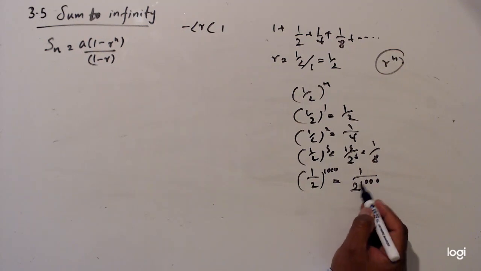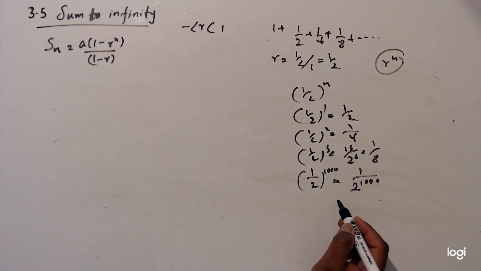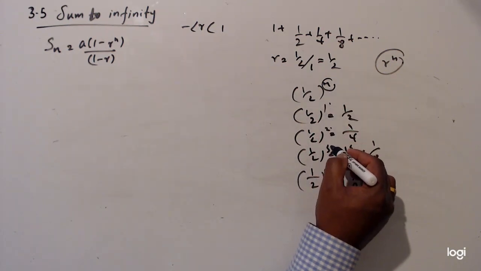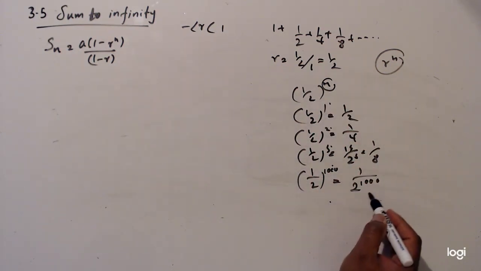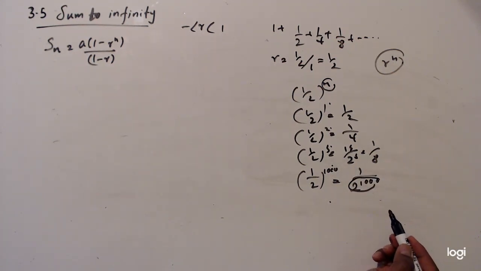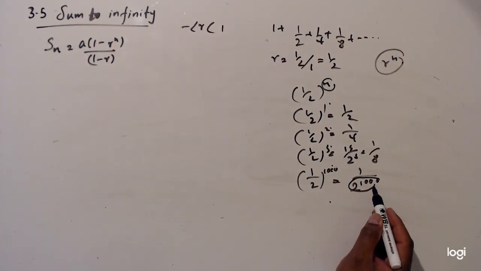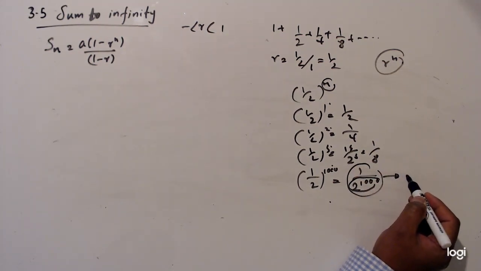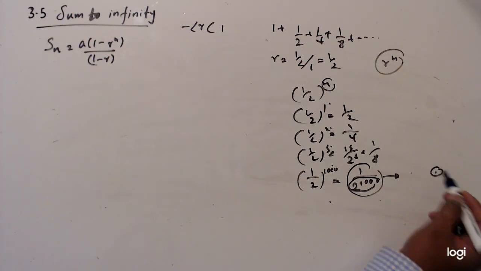You can see that as the n value increases, the denominator increases. What happens when the denominator increases? The value of the whole fraction goes towards 0.